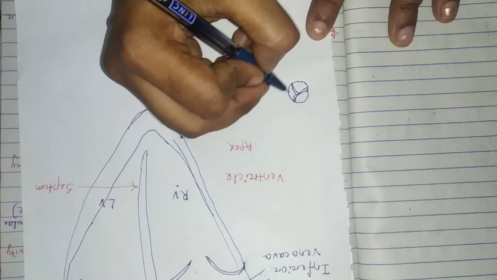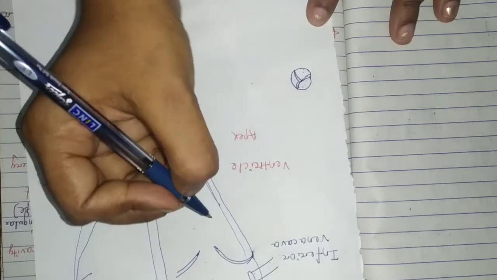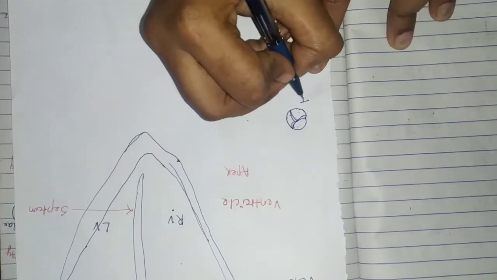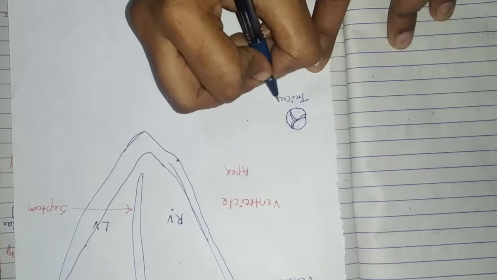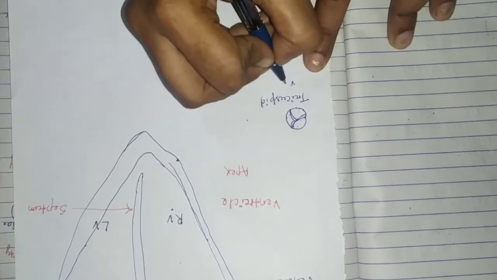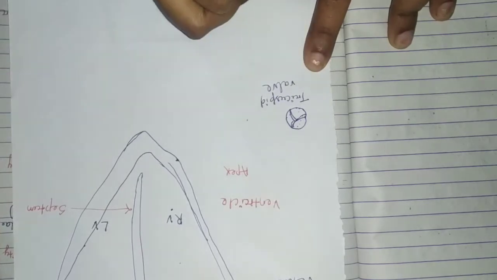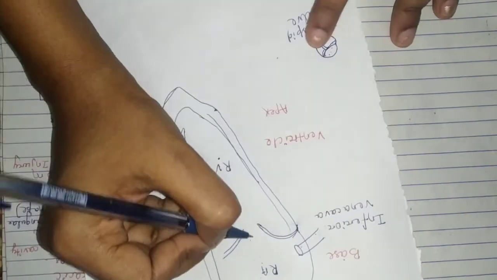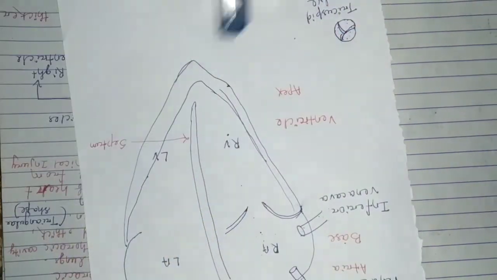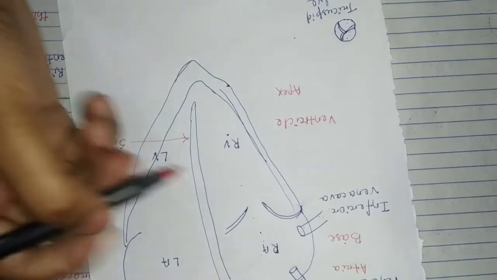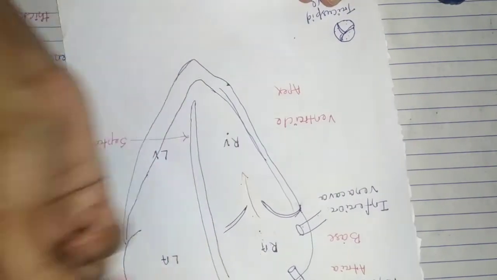So the blood from the right auricle enters into the right ventricle.